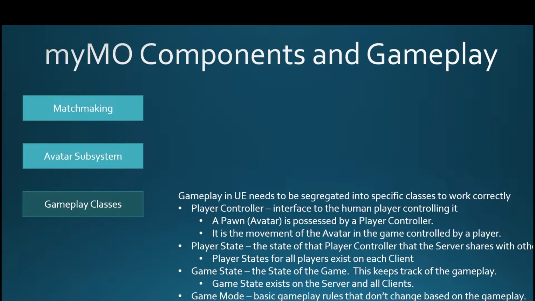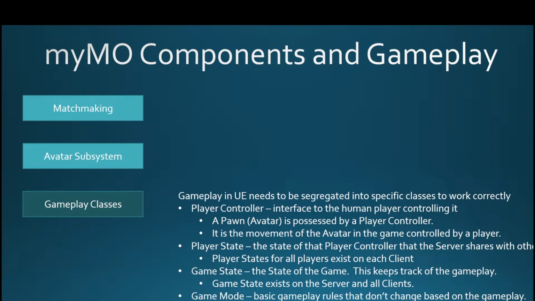Some things are run on the client, some on the client and the server, some on the server only. So you have to be very aware of that as you're writing the game and call the code in the correct classes.